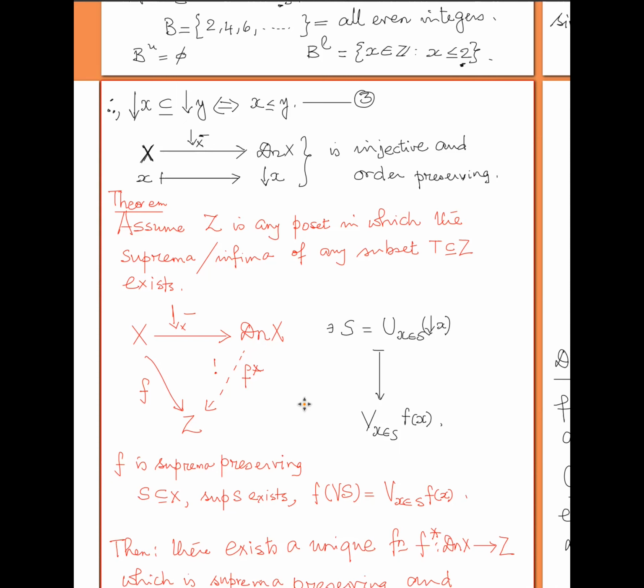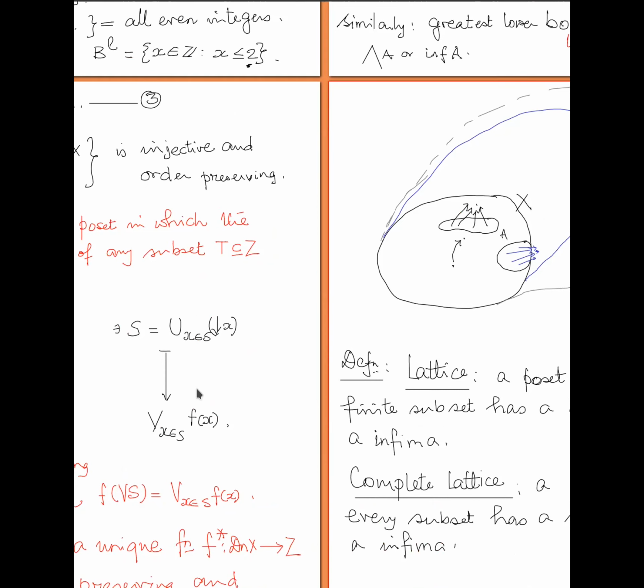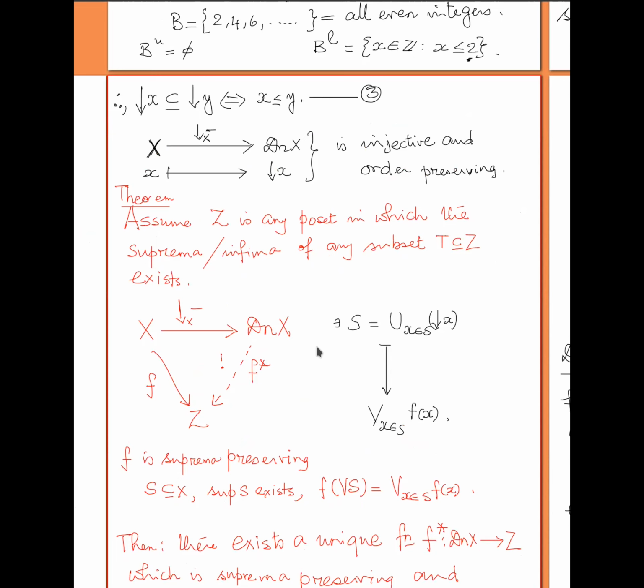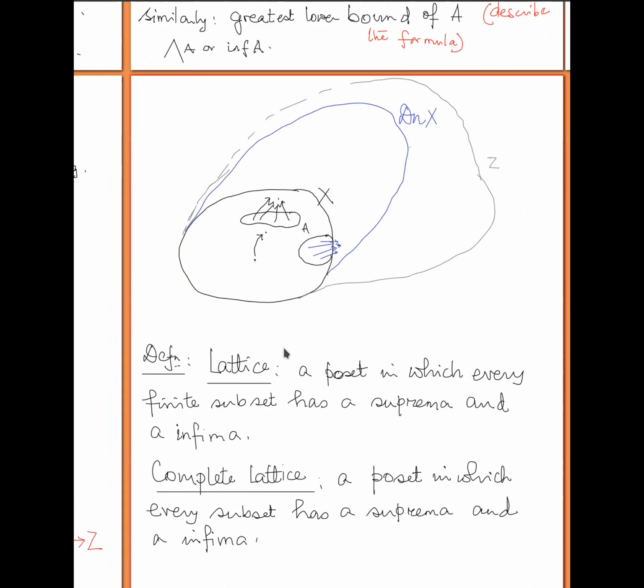And then it says whenever you have a complete lattice and a map which preserves suprema, then you can have a unique homomorphism, meaning a function between complete lattices which preserves the join only. Remember, only suprema preserving map, which makes this diagram commute.